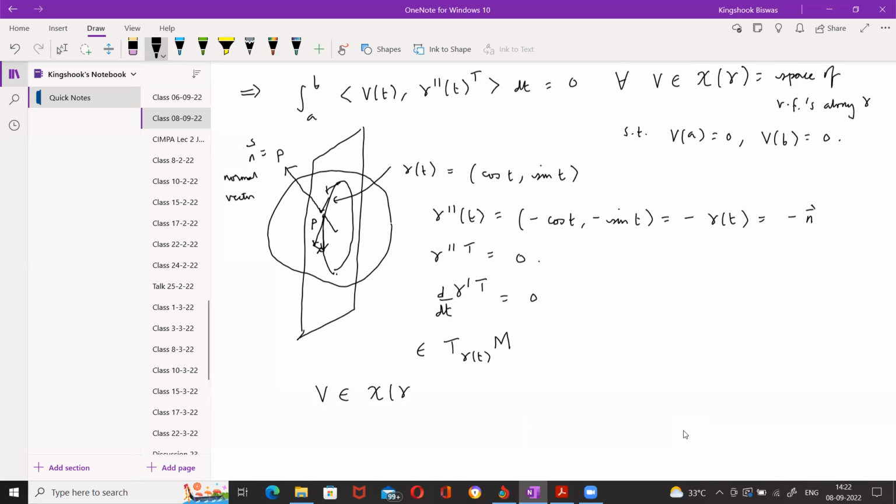So if V is a vector field along gamma, then V is a map from the interval [a,b] to the tangent bundle of M. So this you can identify with a subspace of M cross Rn, right?